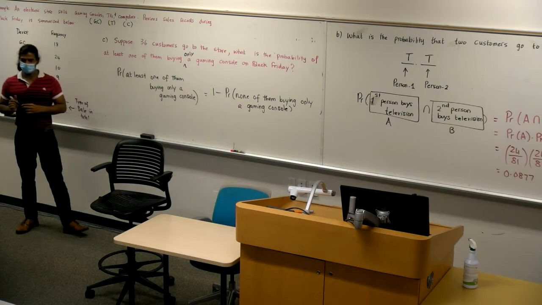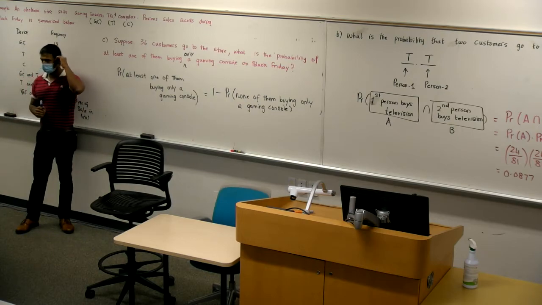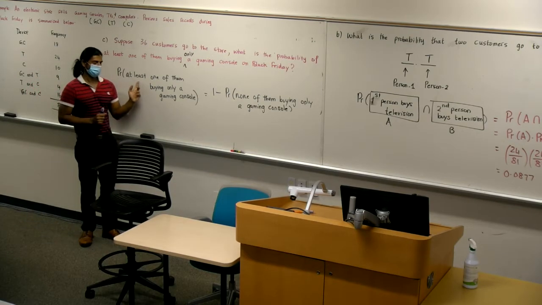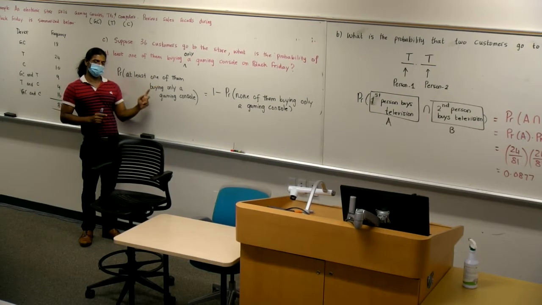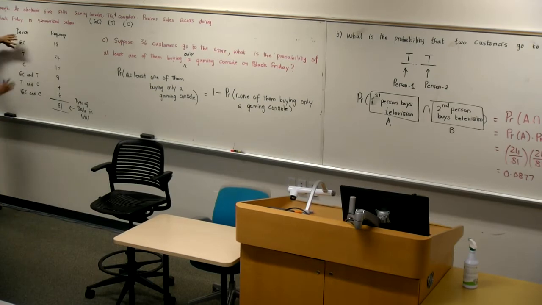Do you agree with that relationship? Are they complements of each other? Yes? No? Yes. Are they? Yes. So, the probability that at least one of them would buy only a gaming console is the complement of saying none of them would be buying only a gaming console.